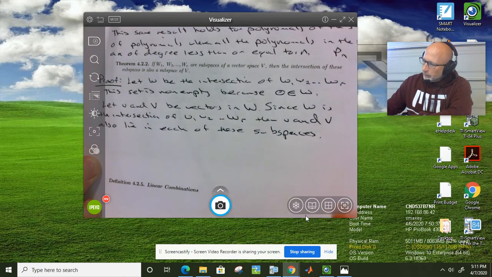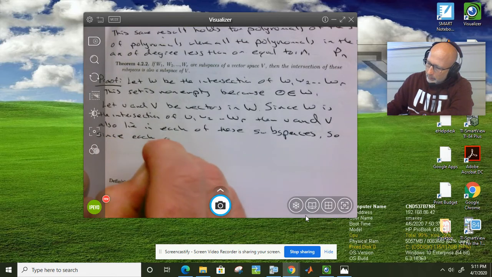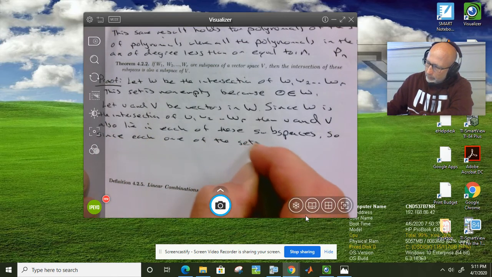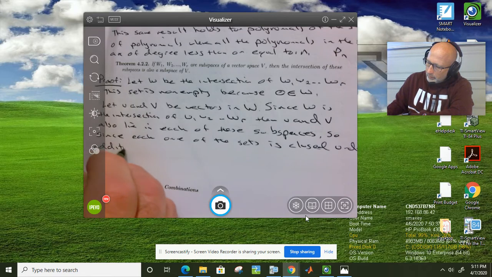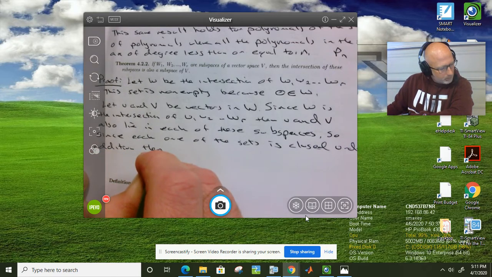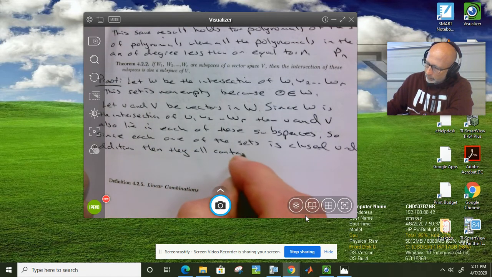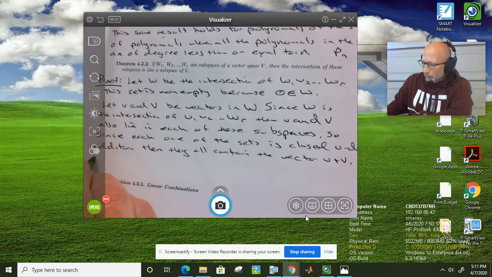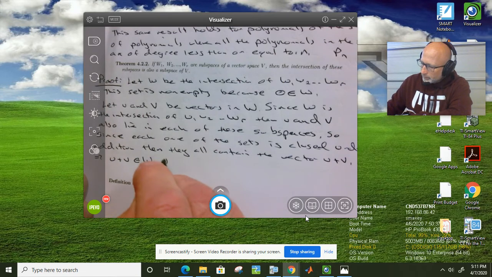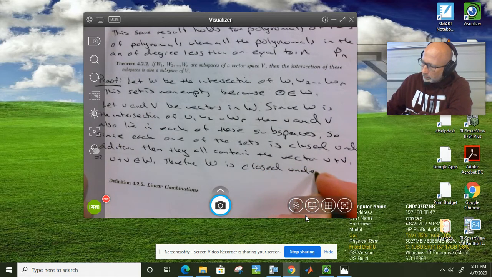Okay? So, since each one of these sets is closed under addition, then they all contain the vector U plus V. And therefore, U plus V is in W. And therefore, W is closed under addition.